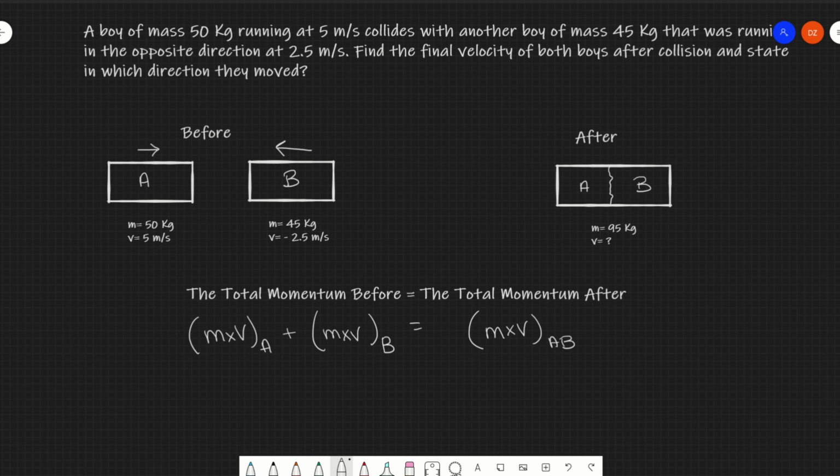So the mass of body A before collision was 50 kilograms and its velocity was 5 meters per second. The mass of body B before collision was 45 and the velocity was negative 2.5. The combined mass after collision is equal to 95 and the velocity we need to find.